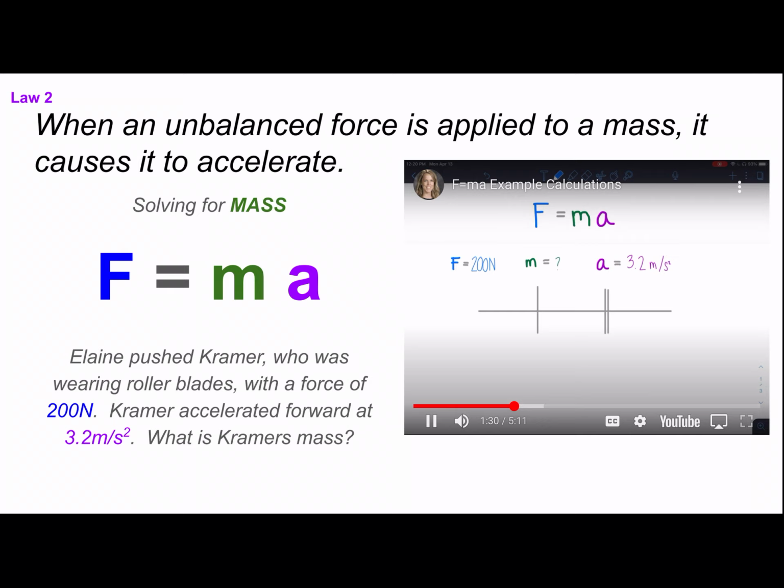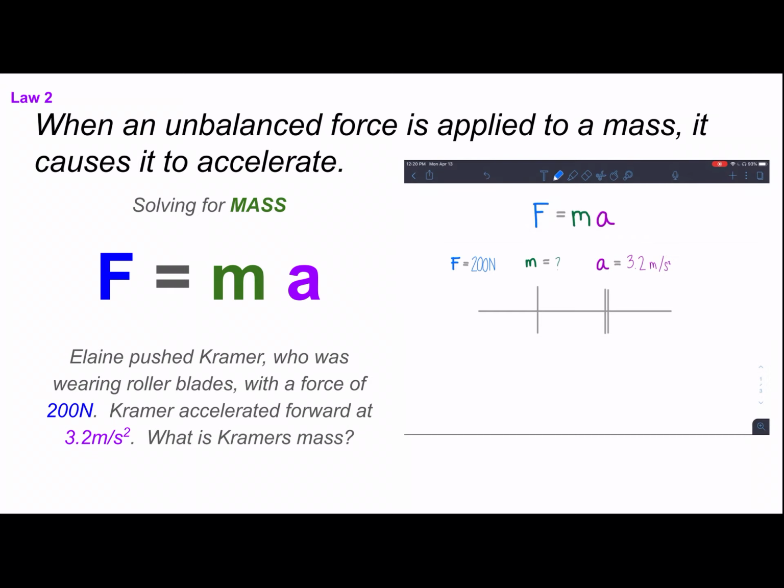Calculating for mass given force and acceleration. One way that you could do this is with dimensional analysis. So let's first plug in our force, 200, and I'm going to write it as kg m over second squared, which is the same units for newtons, just more spelled out.